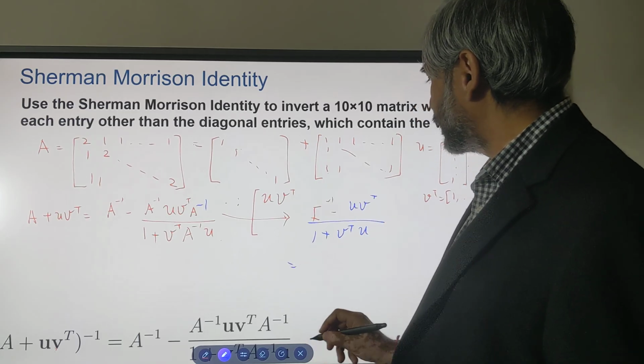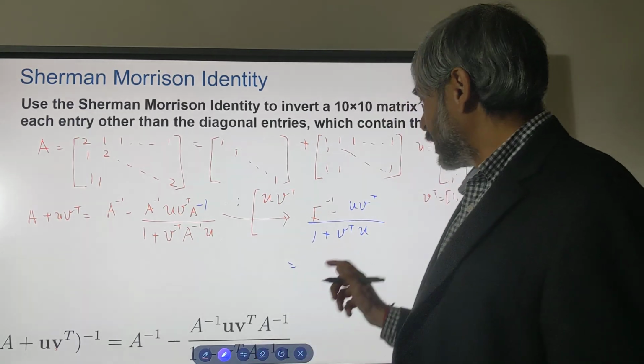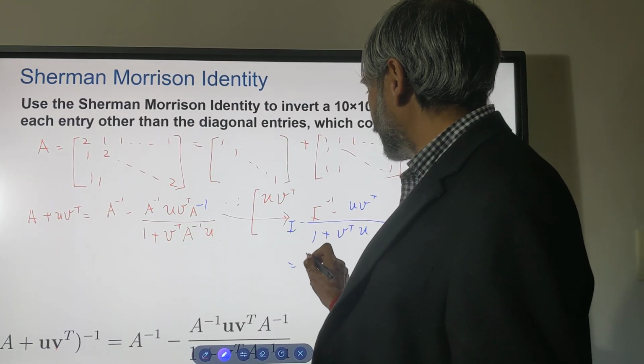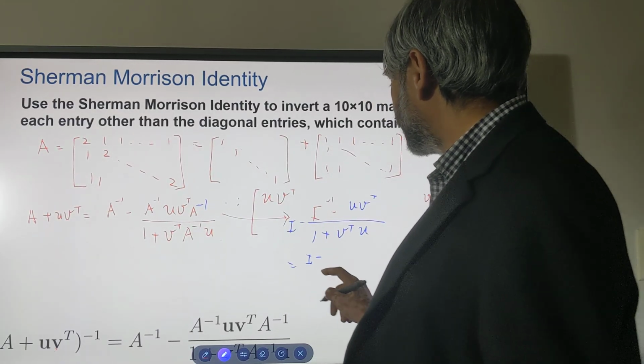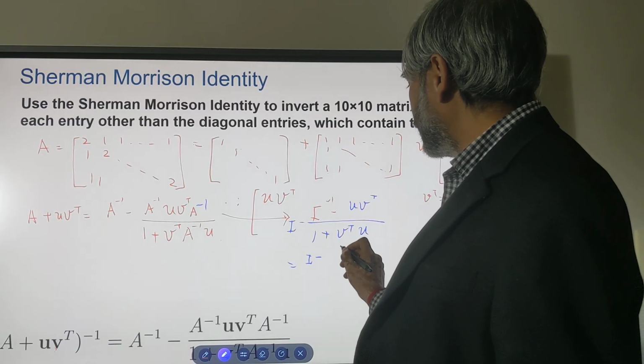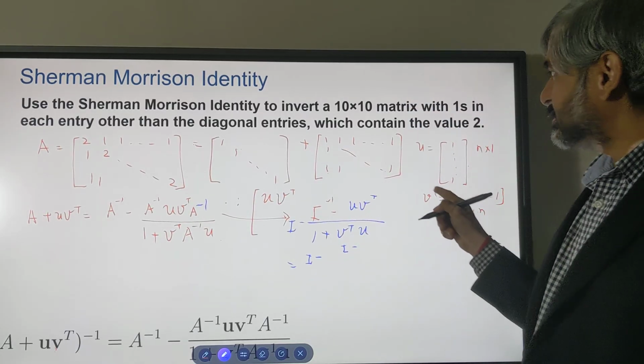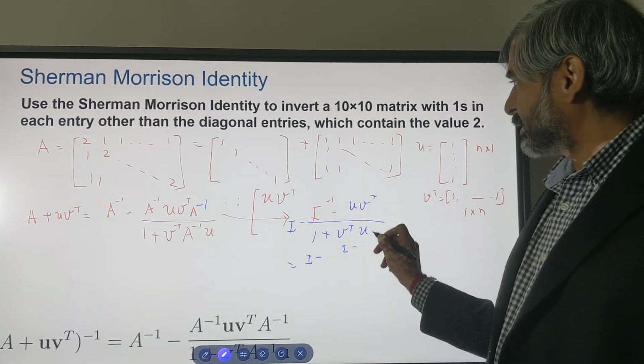Now this I can write as I minus this whole thing. I inverse is again I, minus, and U V transpose is nothing but this 1 1 1 matrix.